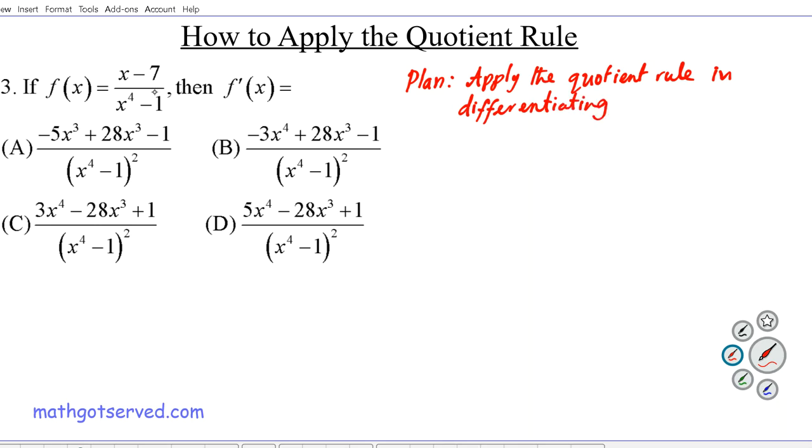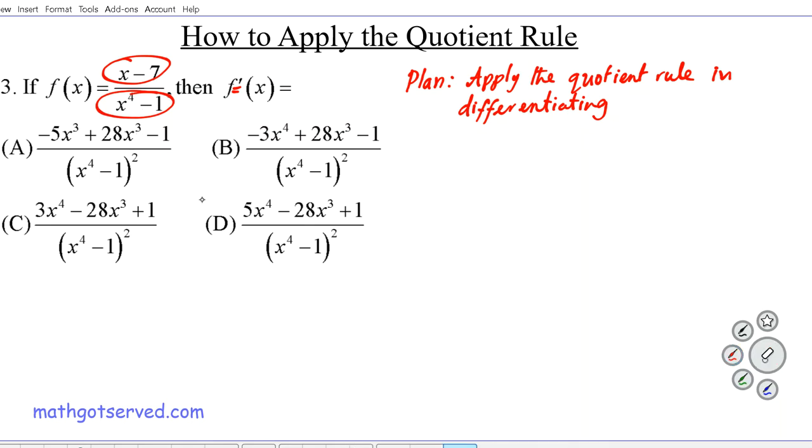Okay, so how do we know that we're going to apply the quotient rule? Well, if you take a look at what we have, the quotient of two polynomial expressions. Okay, so we have a linear binomial in the numerator and a quartic binomial in the denominator. So if we are looking for the derivative of the quotient of two polynomial functions that are irreducible, then you want to apply the quotient rule.